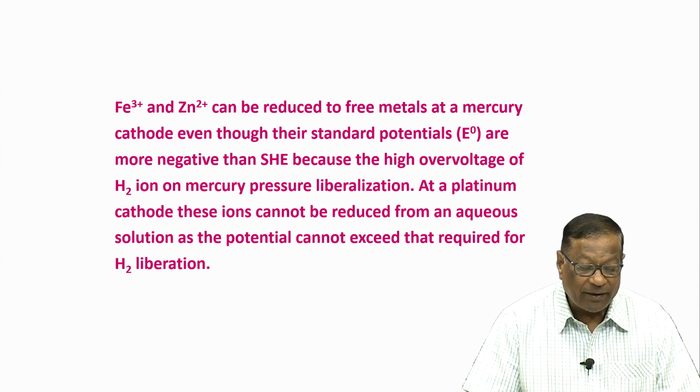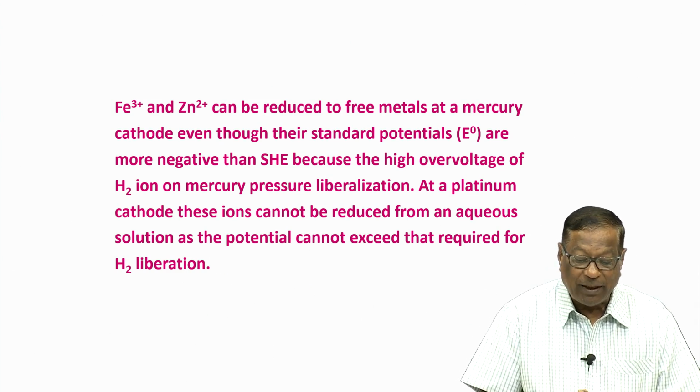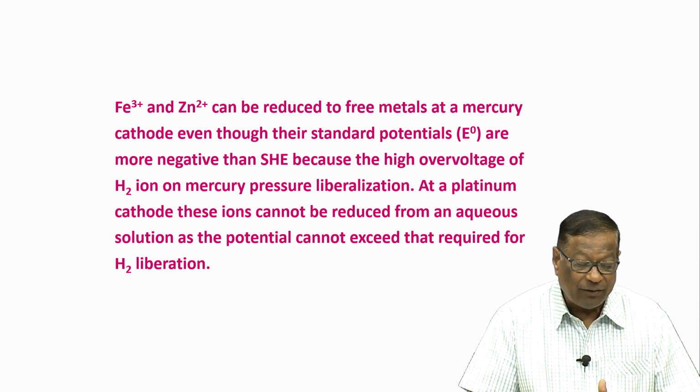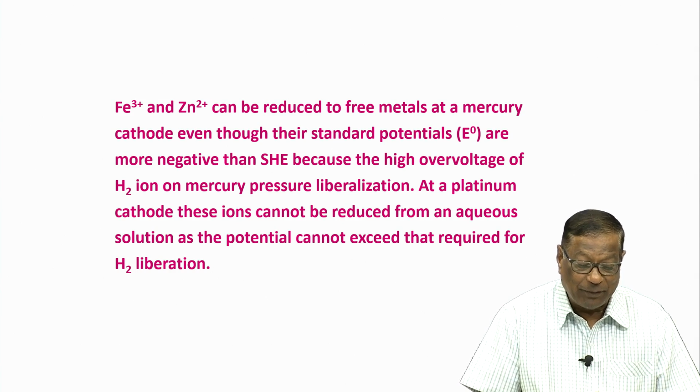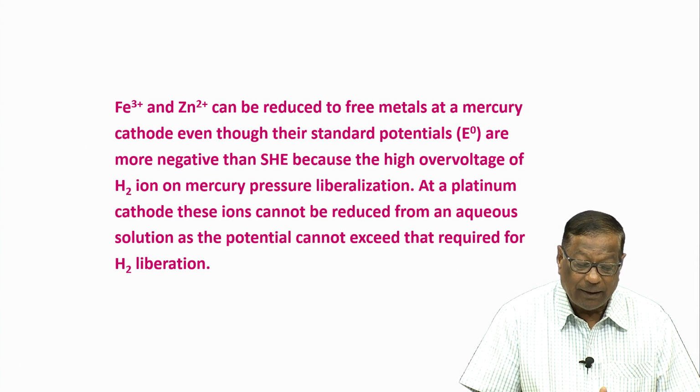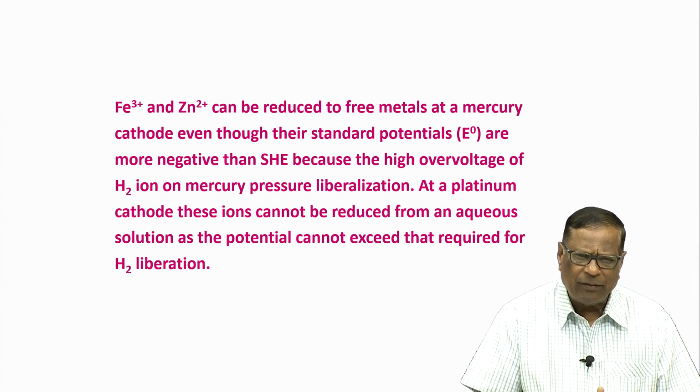So, ferric and zinc 2 plus can be reduced to free metals at a mercury cathode, even though their standard potentials are more negative than the standard hydrogen electrode. Now, a little bit of chemistry: ferric and zinc ions can form amalgams with mercury. Many elements can form amalgams with mercury, so we can use them with a mercury cathode.